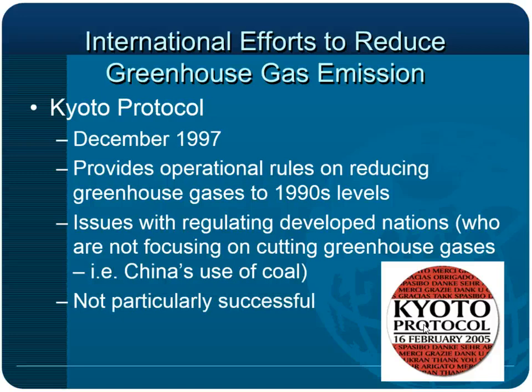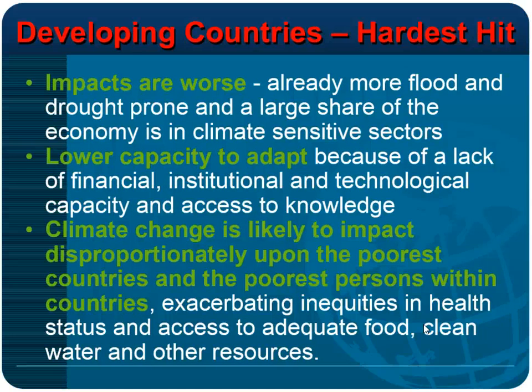And so it was not particularly successful, and we actually did not sign it, and we didn't ratify it. And some of the countries who did later on said, well, I don't really know if this is fair if China and India don't have to participate, because China is the second largest emitter of greenhouse gases. So if they're not restricted, other countries were like, well, I don't want to be restricted. So kind of fail. Now, it turns out developing countries are going to be the hardest ones hit.